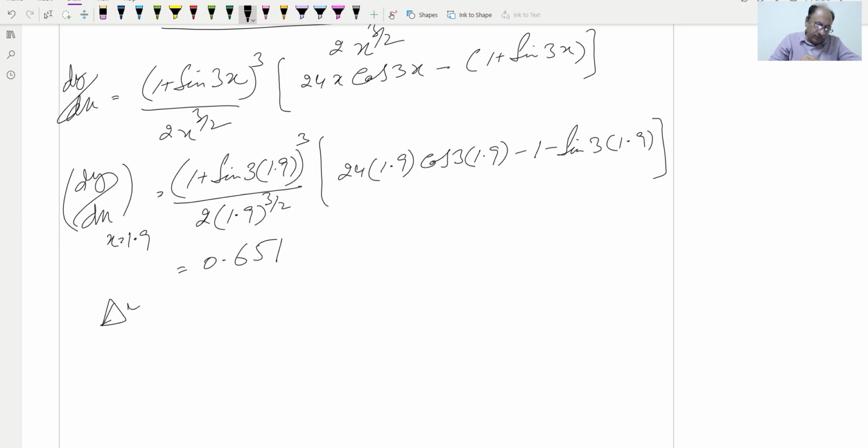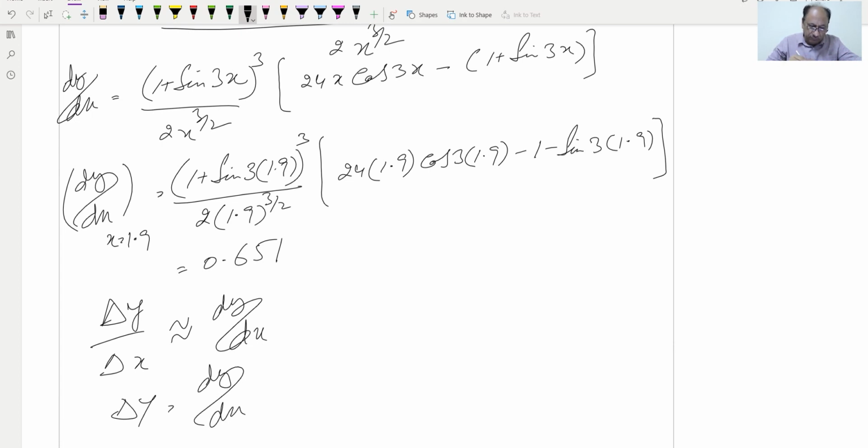Now delta y over delta x is approximately equal to dy by dx. So delta y will be equal to dy by dx multiplied by delta x, we have shifted this delta x to the other side.